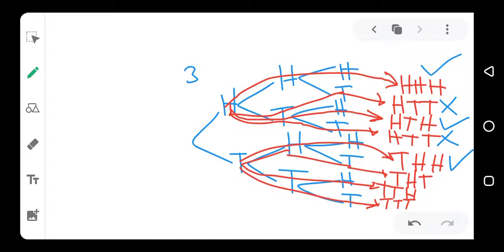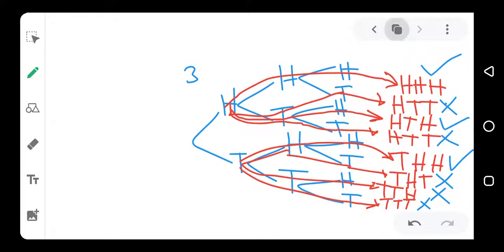The sixth one contains 1, it is not among. The seventh one contains 1H, it is not among. And the eighth one does not contain head at all, so it is not among. So we have 3 events that contain at least 2 heads, while the total number of events is 8.